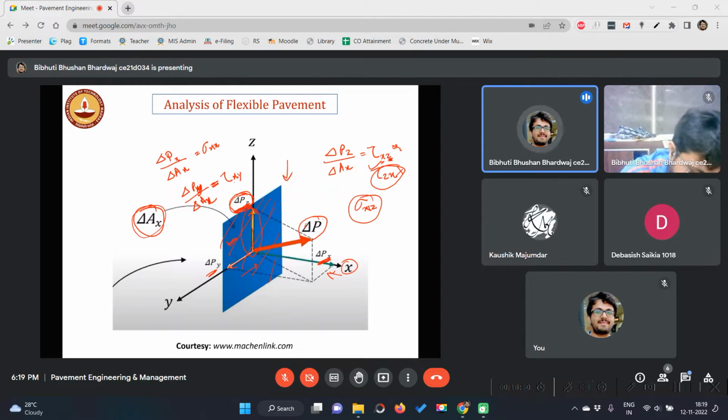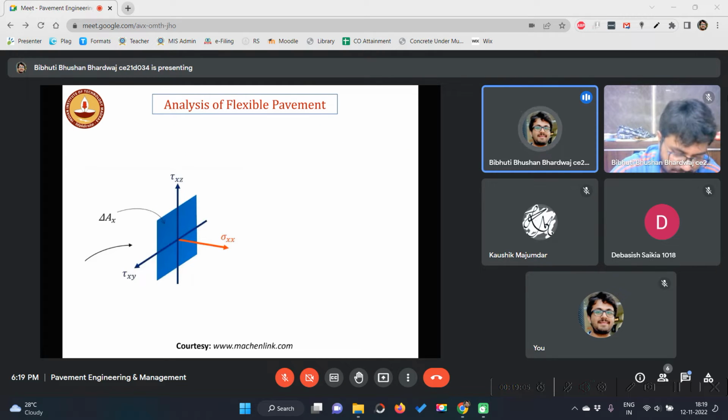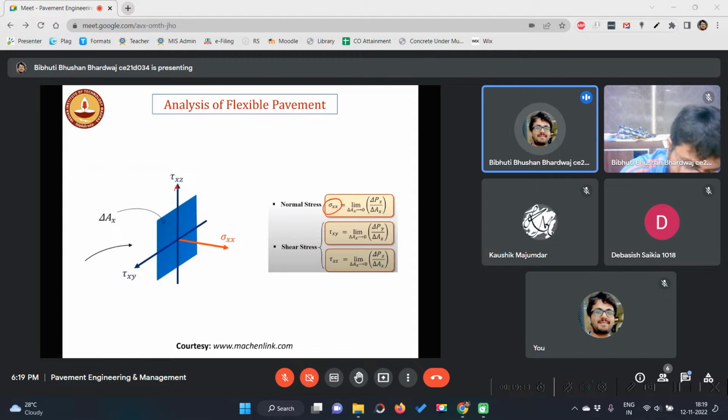So the first letter will always define the direction of the surface. The second letter will always define the direction of the force. Now you have understood, right? So now this thing can be represented for this surface like this. Sigma xx is basically delta Px over delta Ax.